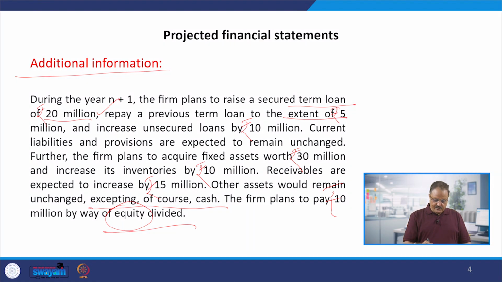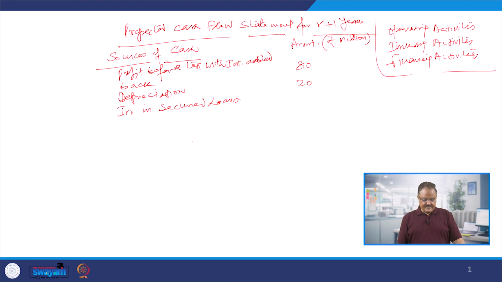So, we are going to have additional funds from the secured loan. We are going to raise 20 million, but we are going to pay 5 million. So, the net increase in the secured loans is going to be 15 million rupees, and there is similarly another increase in the unsecured loans.